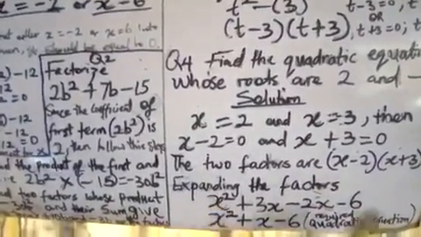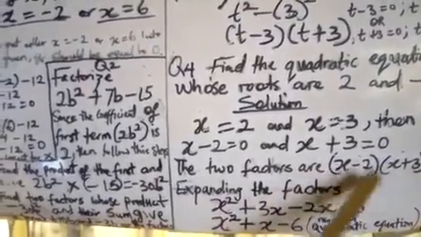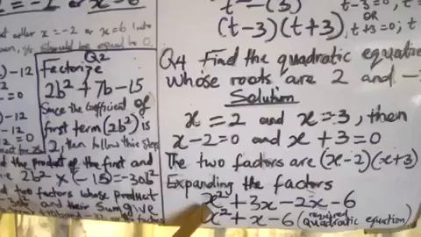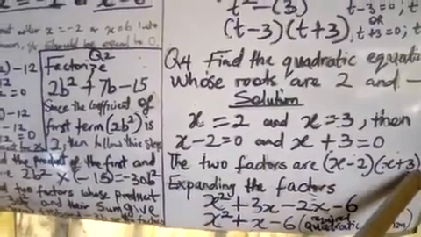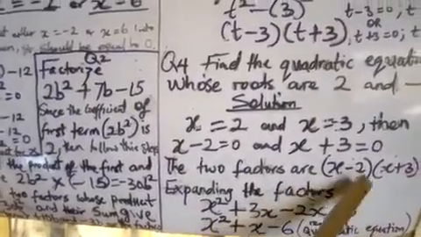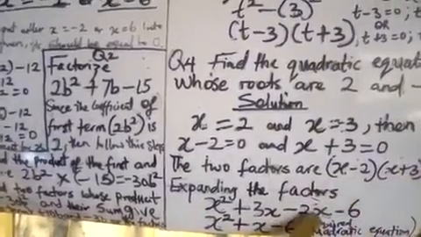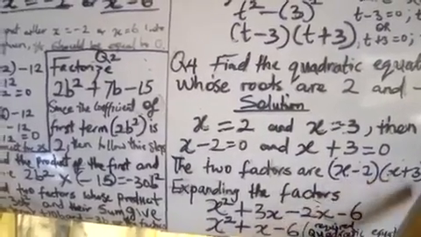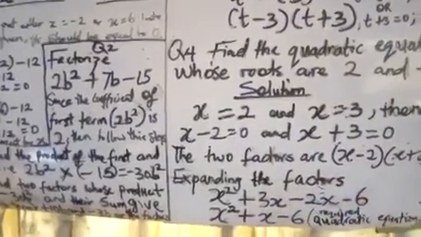So x times x will give us x squared. x times plus 3 will give us plus 3x. Now minus 2 times x will give us minus 2x. And minus 2 times plus 3 will give us minus 6.